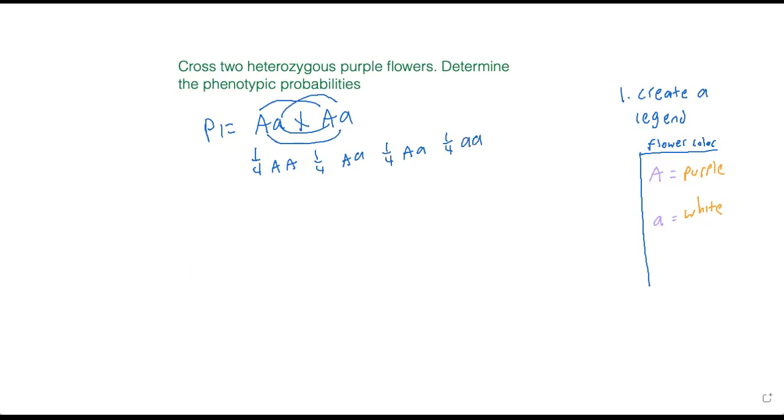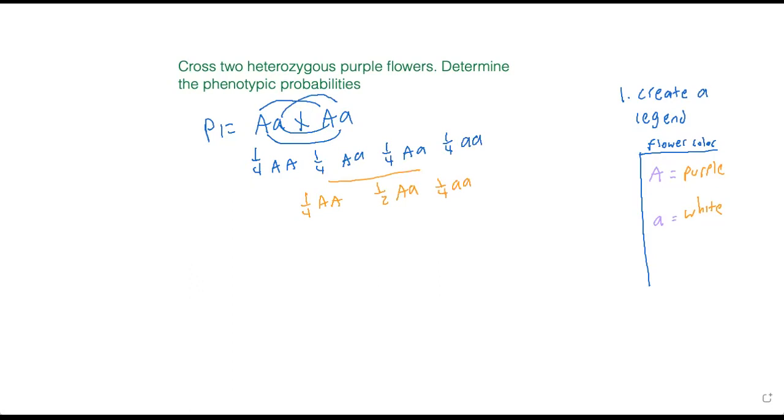Now we see that there are 2 possibilities for an offspring to be heterozygous. So this will turn out to be a 1/2 possibility of an offspring being heterozygous, and 1/4 being homozygous dominant, and 1/4 being homozygous recessive.